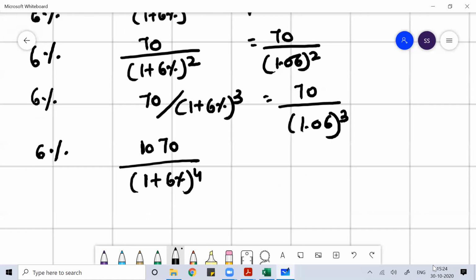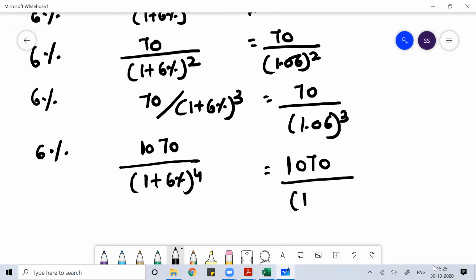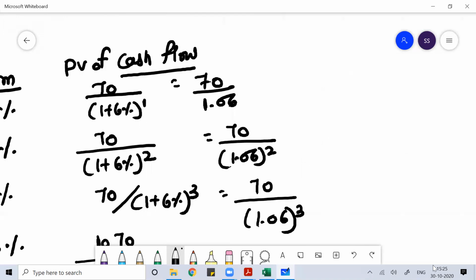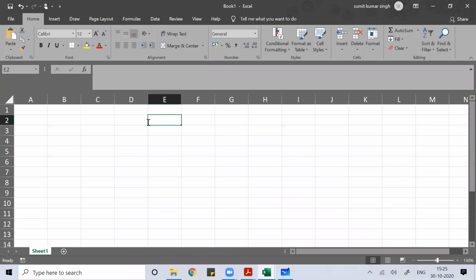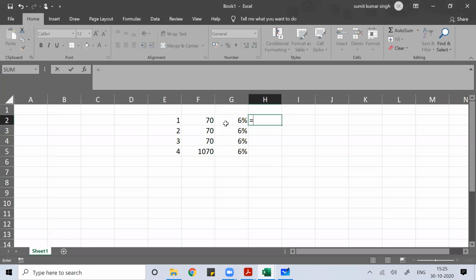And then 1070 divided by 1.06 to the power 4. This is 70 divided by 1 plus 6%.